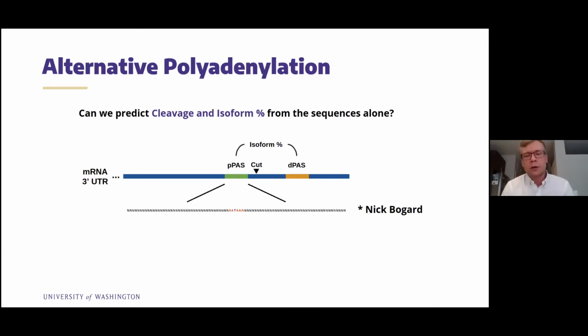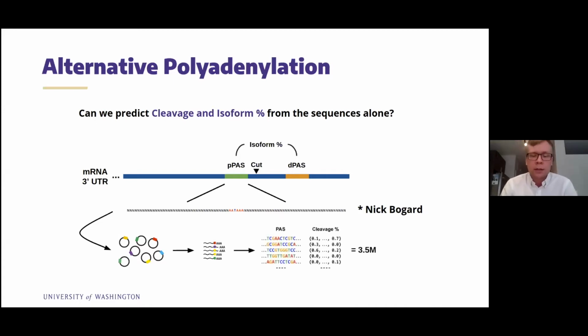He created this very large massively parallel reporter assay, where he essentially took a native human 3' UTR that natively included 2 polyA signals, and replaced the proximal polyA signal with essentially fully randomized sequence, and then transfected and grew these plasmid reporter gene mutants in a human cancer cell line, HEK cells, and used next-gen RNA sequencing to measure the isoform proportion and cleavage distribution of each degenerate polyA signal.